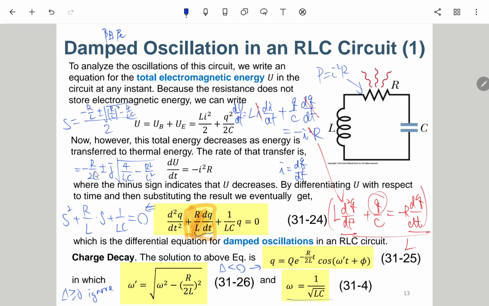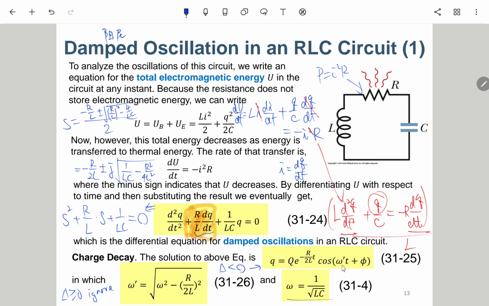So this negative R over 2L is actually this thing, and this square root is this stuff. Sorry, it should be like this. If this 2 is put inside, these 2 and this 4 cancel. So we only have 1 over LC minus R squared over 4L squared. So this is actually omega squared, and this is omega.